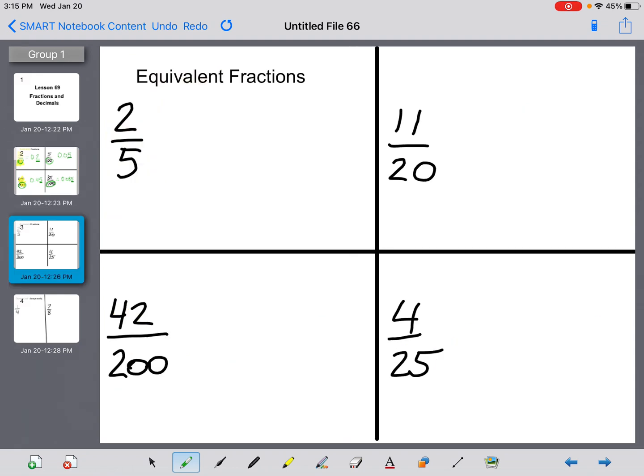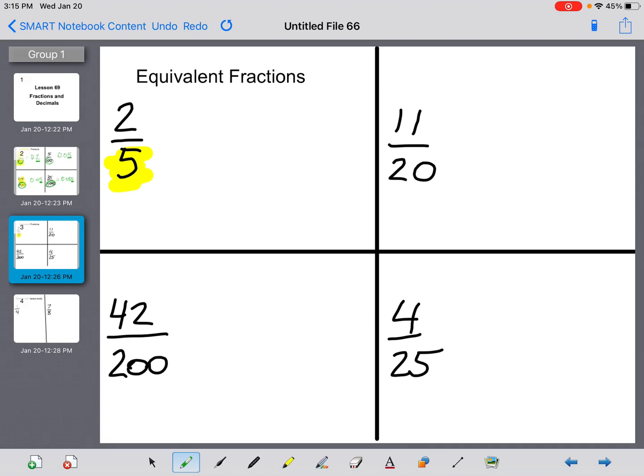Now, it gets a little bit more complicated when you have fractions that don't necessarily have those nice denominators. But one strategy you can use is equivalent fractions to make the denominators nice. Let's start with 2/5. 5 is not a multiple of 10, so we can't just look at it and know what the decimal is going to be.